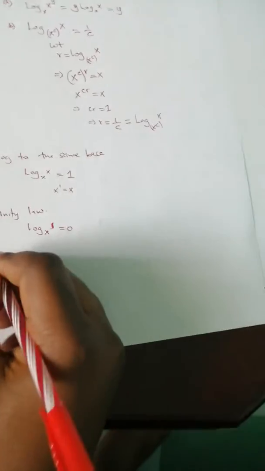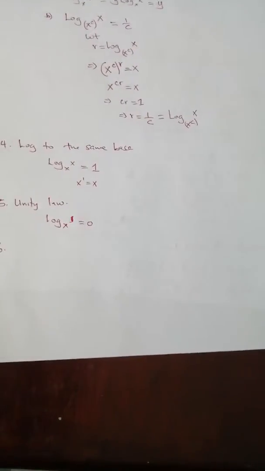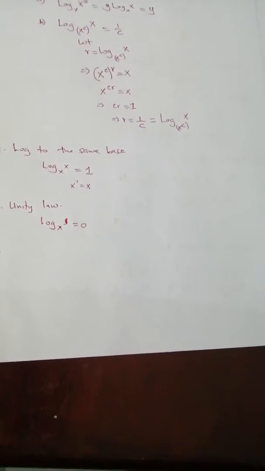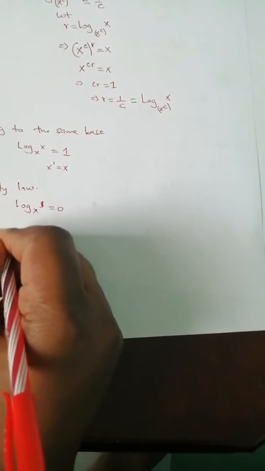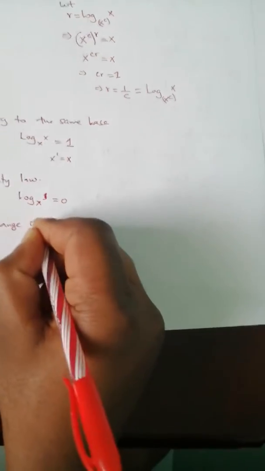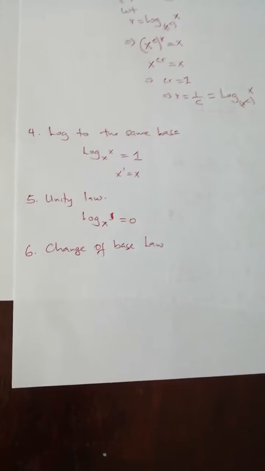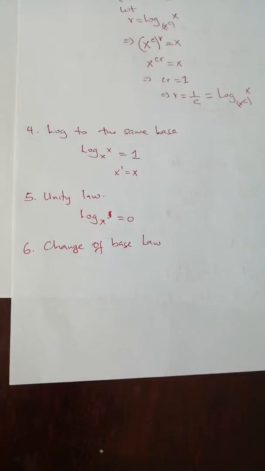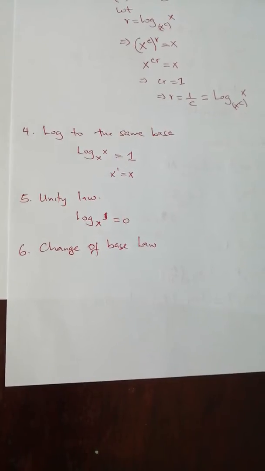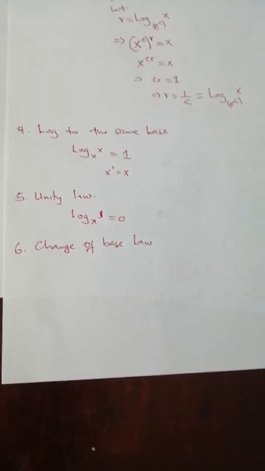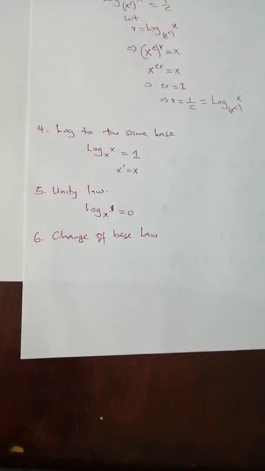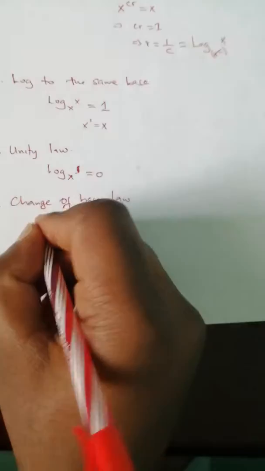We go to rule number 6, which I think will be my last rule in this case. It's the change of base law. There are some problems you will encounter that will require you to change the bases, and in this case there are 2 methods of changing the base.